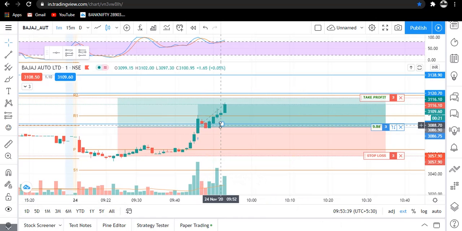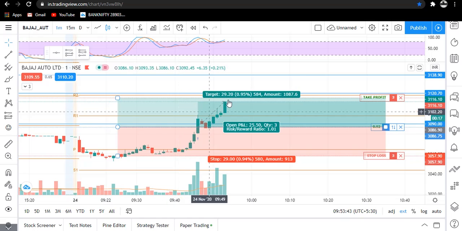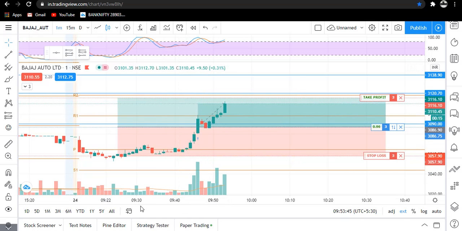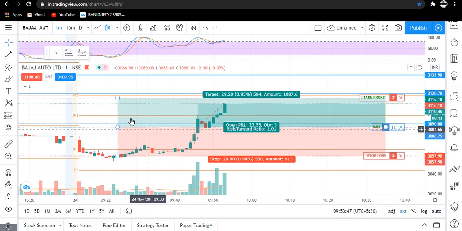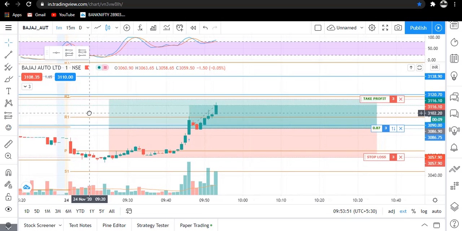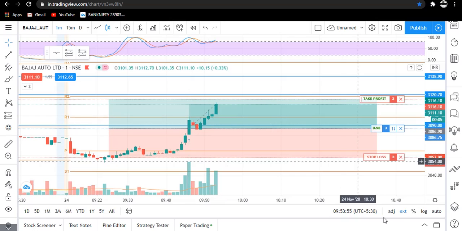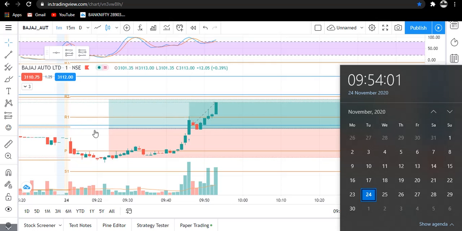Traders, you can see it has gained good momentum and is coming towards our target. Let's see if it hits our target this quickly or not. You can see, traders, we took the trade at 9:46 AM and now it's 9:53 AM.